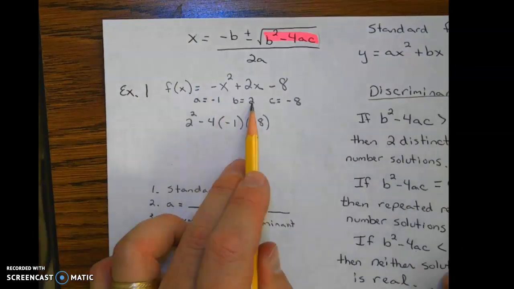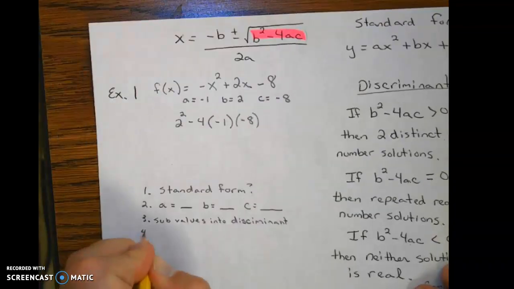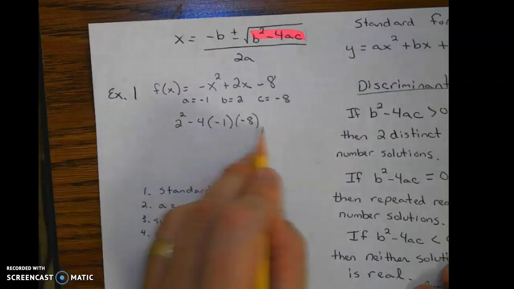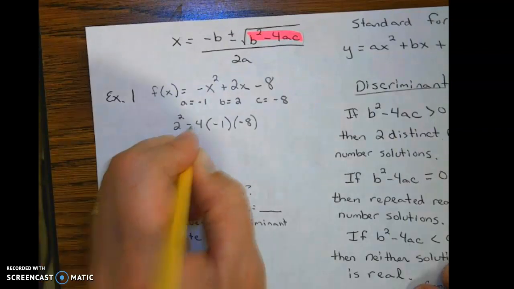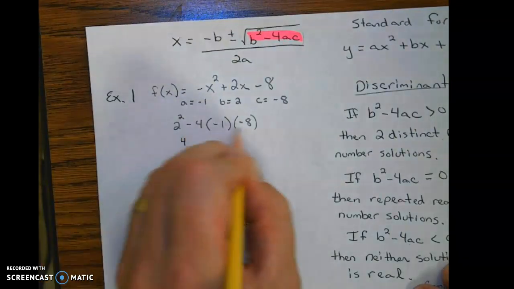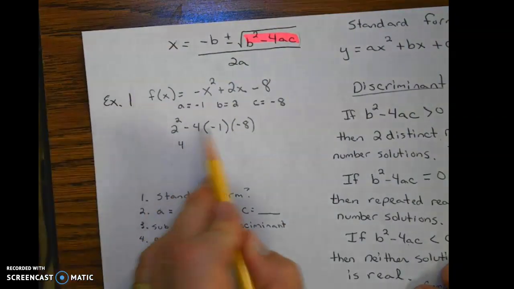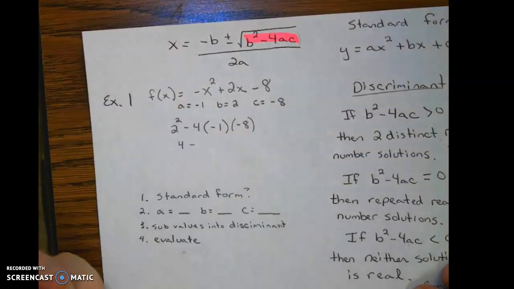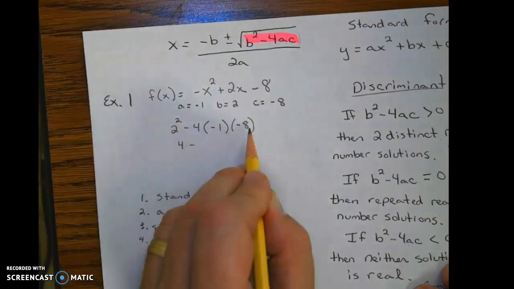So substituting the values into the discriminant, the next step is to evaluate. To evaluate, we're going to do the math. 2 squared is 4. And then here, this always kind of confuses students. If you count the negatives, 1, 2, 3, if it's odd, it's going to be minus. 4 times 1 is 4. 4 times 8 is 32.